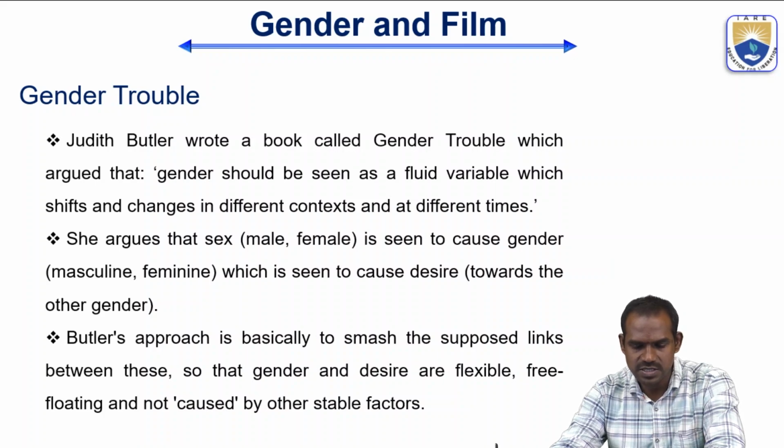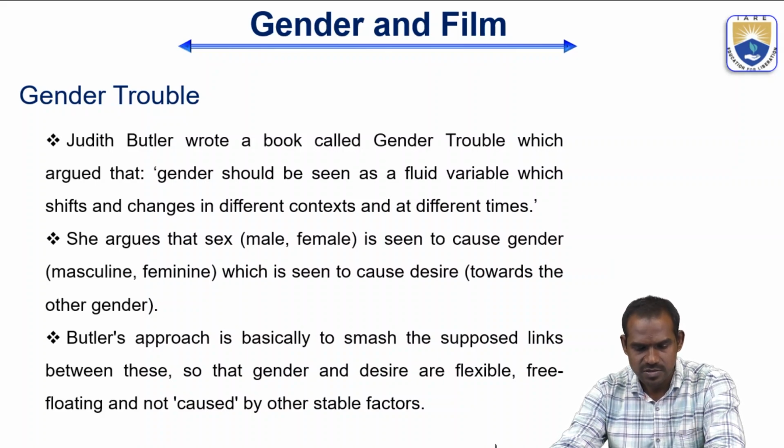She argues that sex is seen to cause gender. Sex means either male or female, and gender terminologies are masculine and feminine. These I have explained in the very earlier slides, in the beginning of gender sensitization.